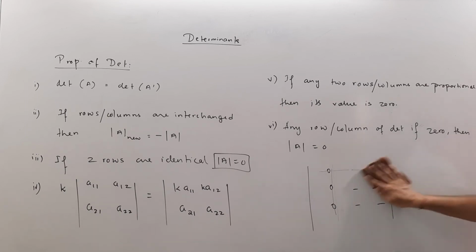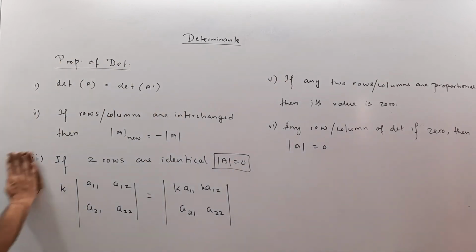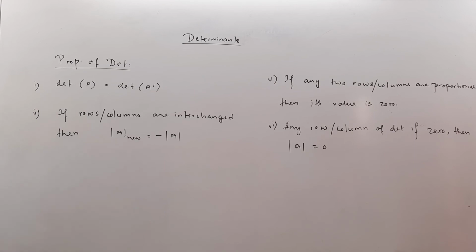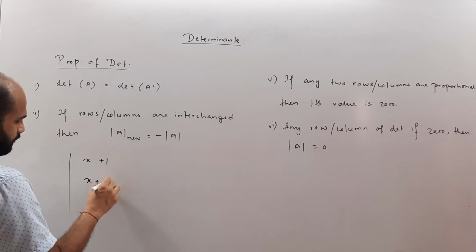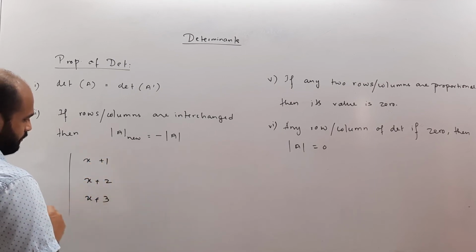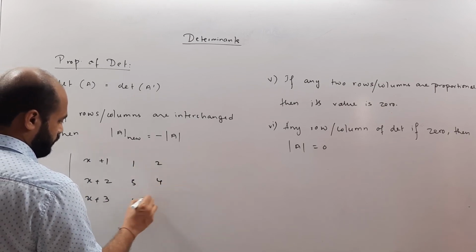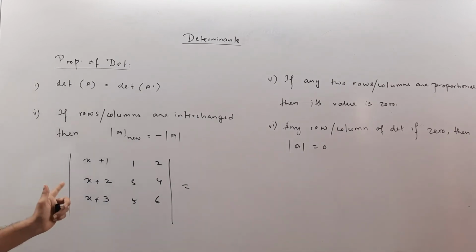Let's see yet another property. The property states that if we have such a determinant and we want to expand it, definitely I can write this as the sum of two determinants.